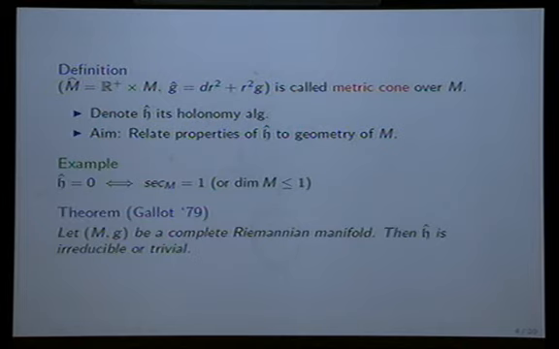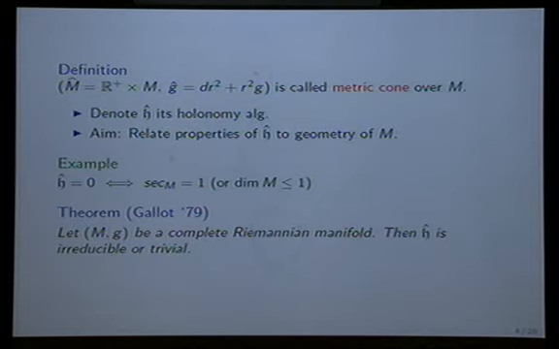And so the starting point of our investigations was this theorem of Gallot from 1979, which tells us that the holonomy algebra of the cone of any complete Riemannian manifold is always irreducible or trivial. So there are only these two possibilities.